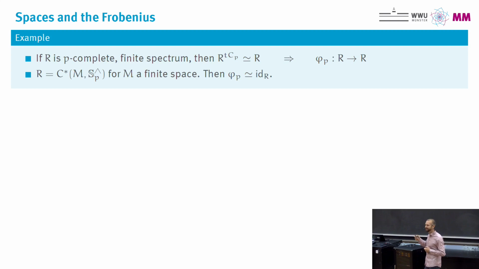It's a little bit of a computation. There's this kind of magic trick where you say it's true if M is a point by inspection, and then every space is a colimit of points, so it follows from that. Anyway, this is like magic, but it works and tells you that the Frobenius on cochains is the identity. So this is a distinct property that cochains on a space have, that the Frobenius is the identity.